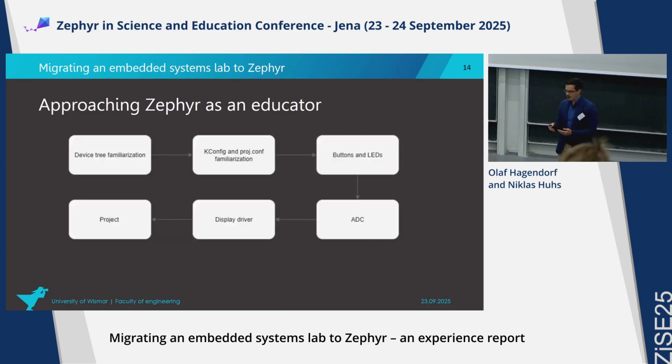And in the end, the labs kind of looked like this. We started with the device tree and the Kconfig and the project conf, all that stuff, and made them use the simple stuff like buttons and LEDs, and using the analog digital I/O.